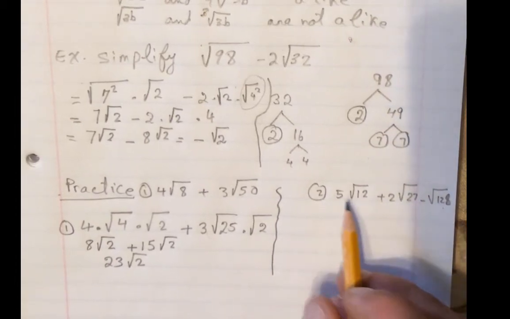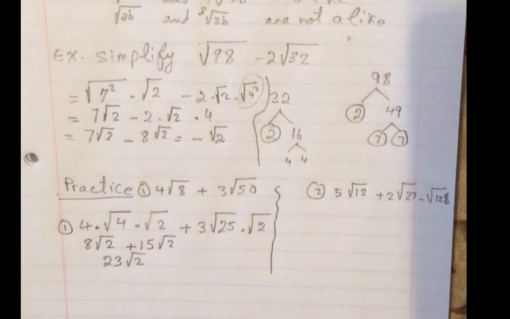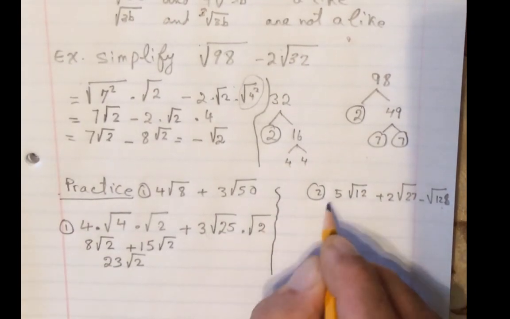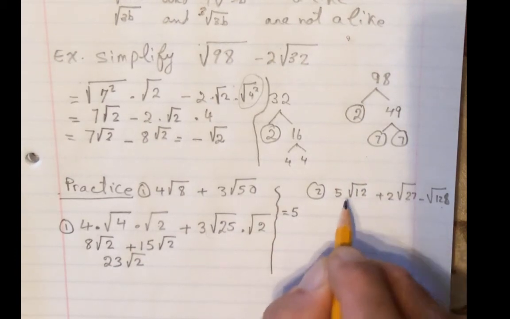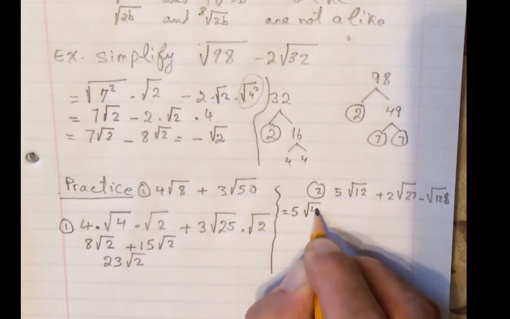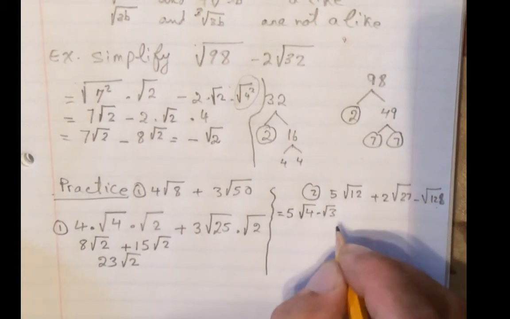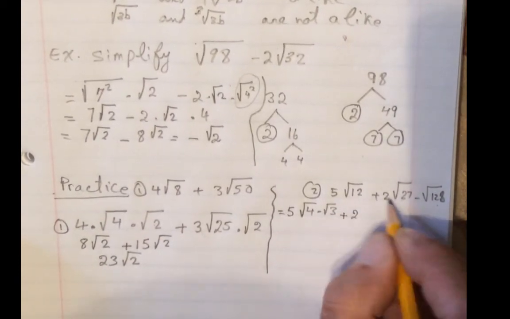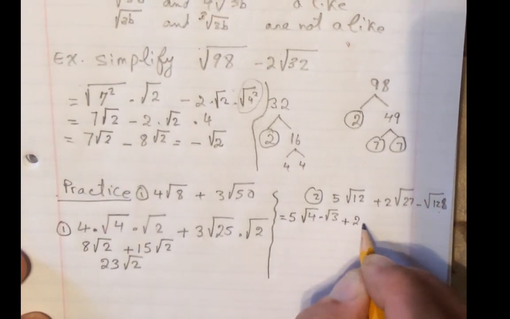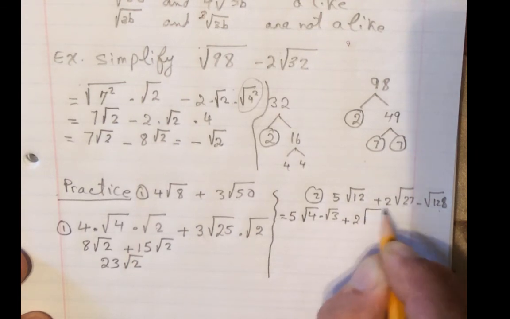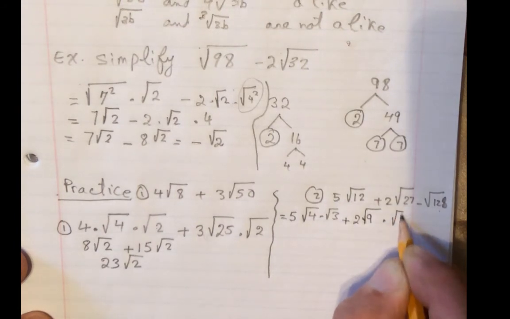They are not alike, so we're going to try to simplify them and see what's going to happen. So it's going to be equal to 5 square root of 12. 12 is 4 times 3, so it's going to be square root of 4 times square root of 3. Plus 2 times square root of 27. 27 is 9 times 3, so 9 has a square root, so we can split it into square root of 9 times square root of 3.